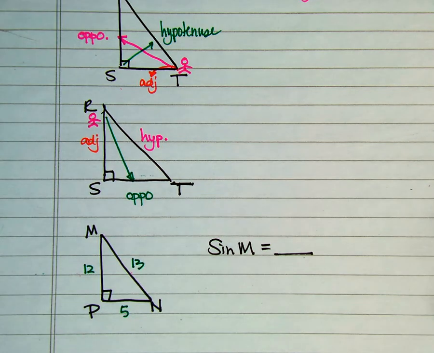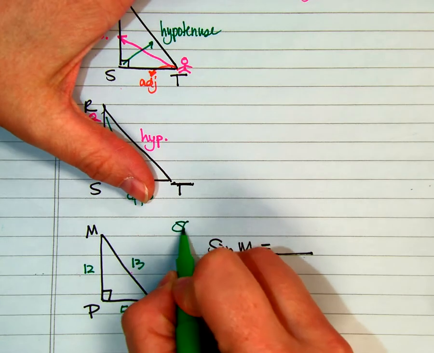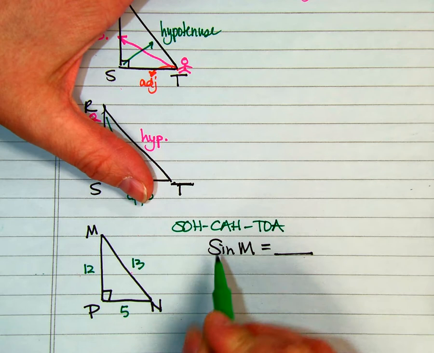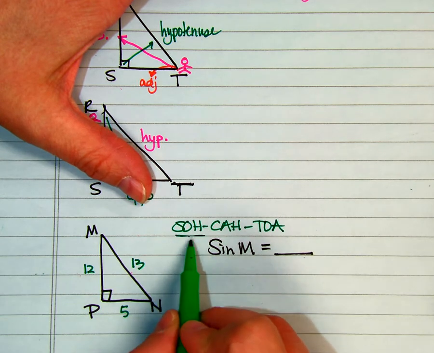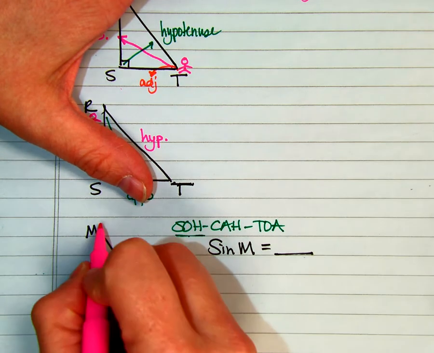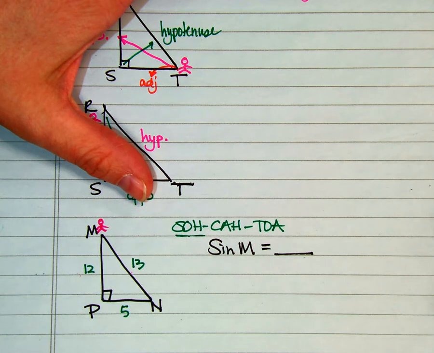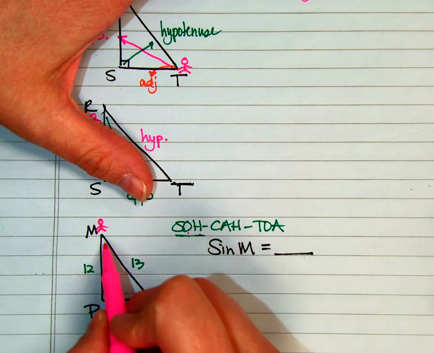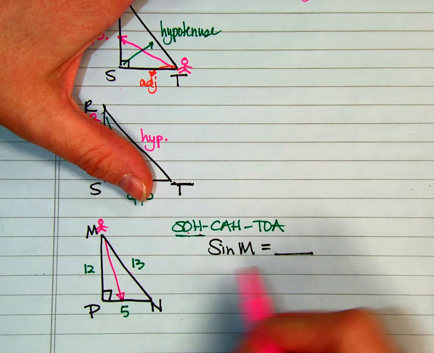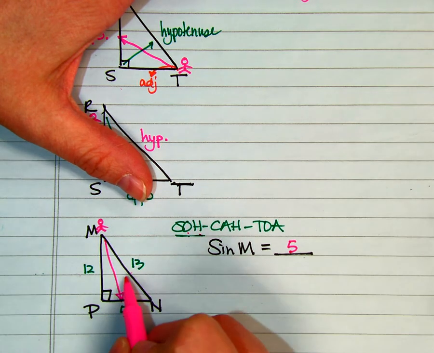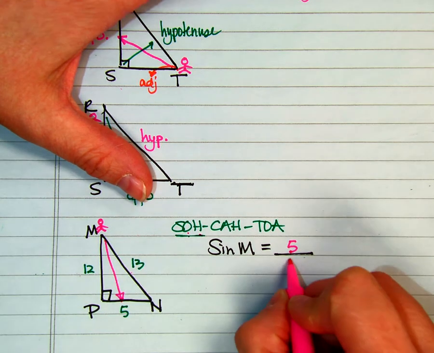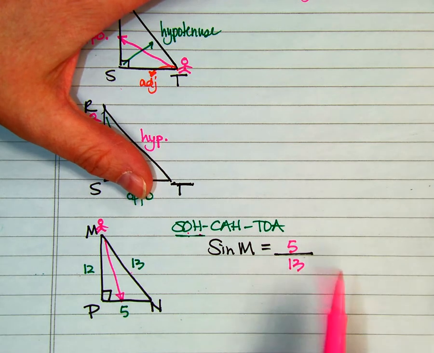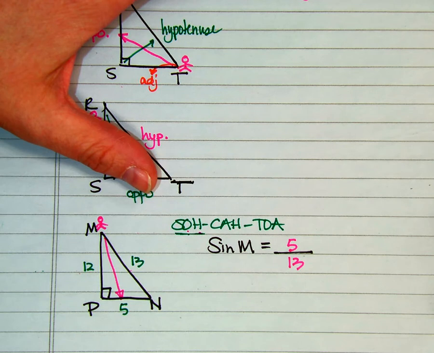So sine of M, I need to remember Sohcahtoa. Sine, so I'm focusing on this one, of M. So that means I am standing at M. That is the opposite over the hypotenuse. 5 would be the opposite, and the hypotenuse is always the hypotenuse, which is going to be 13. Now we will do more with this a little bit later, but right now we're just writing the trig ratio.